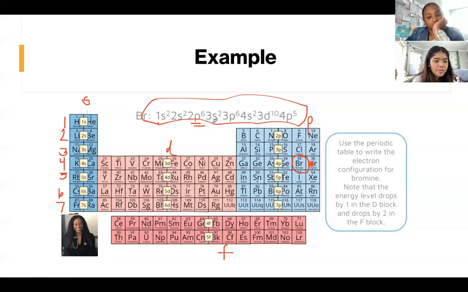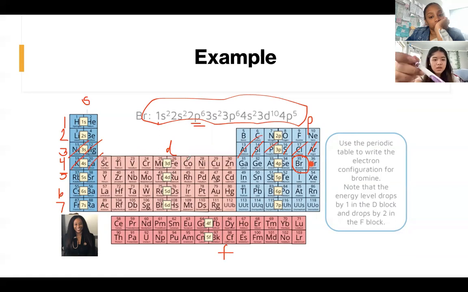3s2 we would go back to the left side, it's in the s area, and s equals 2, so that would be crossed out. And then the next one is 3p6, and you would go back to the right side, and p equals 6, so that would be there.